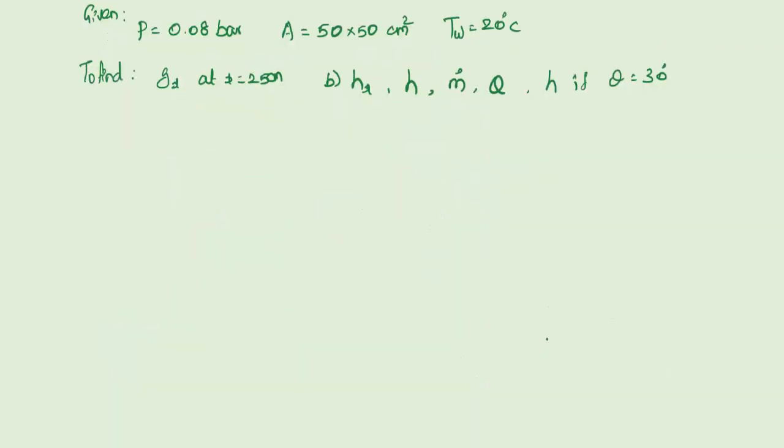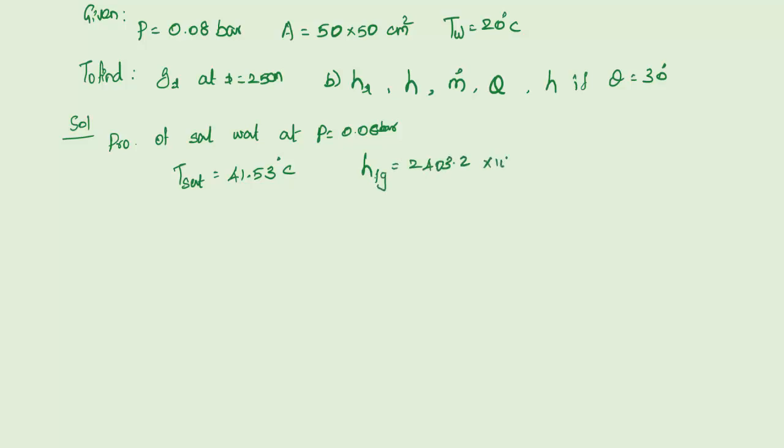As usual, first thing in the solution part, you have to find the properties of saturated water at P equal to 0.08 bar. This value has to be taken from the steam table, you know that. T saturation equal to 41.53 degree Celsius, and then hfg value equal to 2403.2 into 10 to the power 3 joule per kilogram Kelvin.